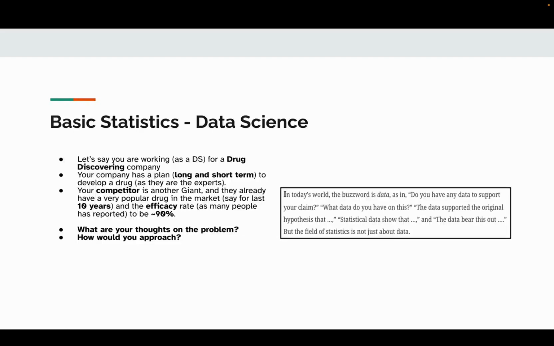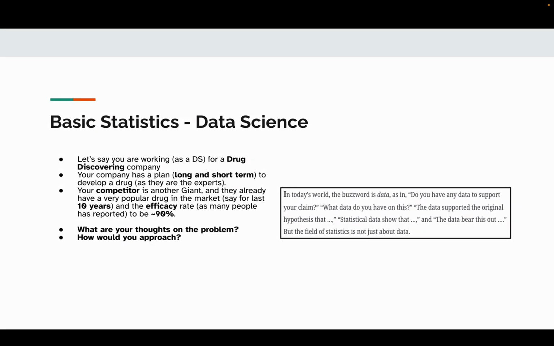I would be posing a question: what are your thoughts on the problem and how will you approach it? You might have your own ideas. Let's think a little bit. This is about using the company resources to develop the drug, and you might plan to develop a drug that does better than the existing drug.